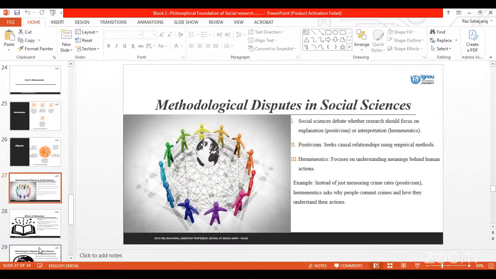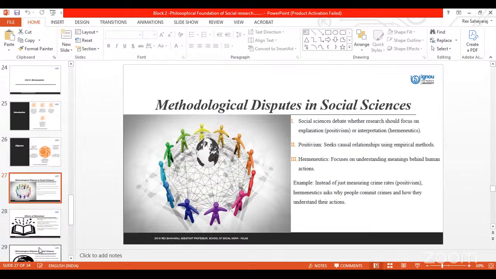And hermeneutics focuses on understanding the meanings behind human actions. What is the meaning of this particular behavior? Why is it happening?